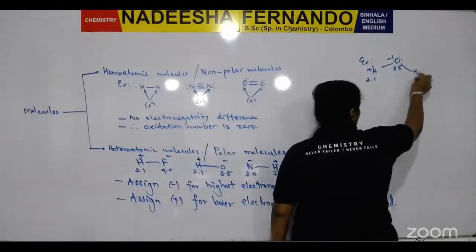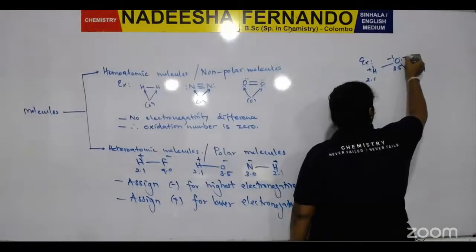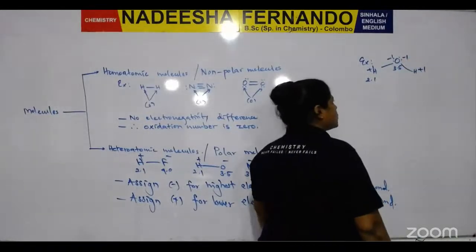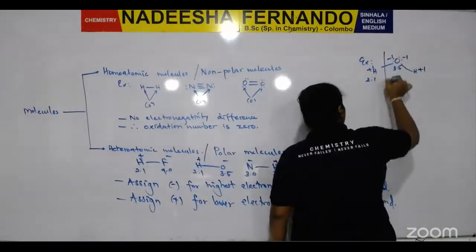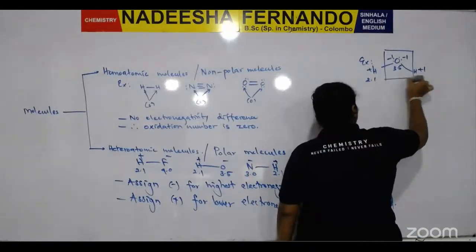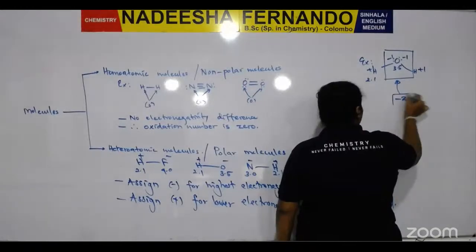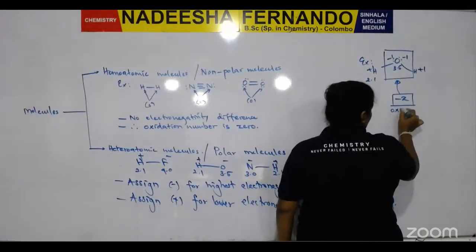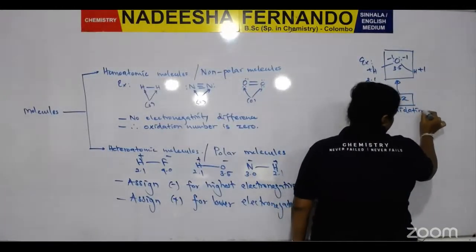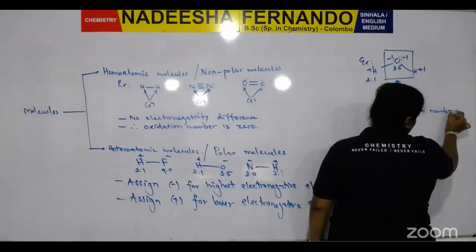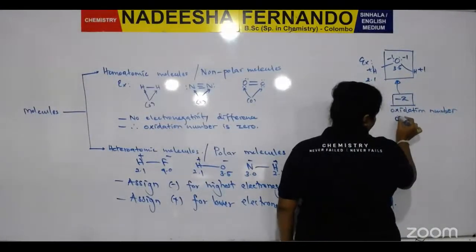So the total charge around oxygen is -2.